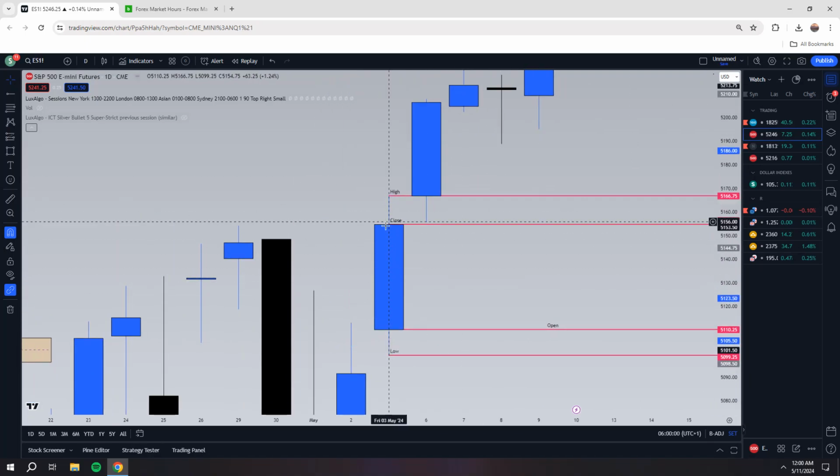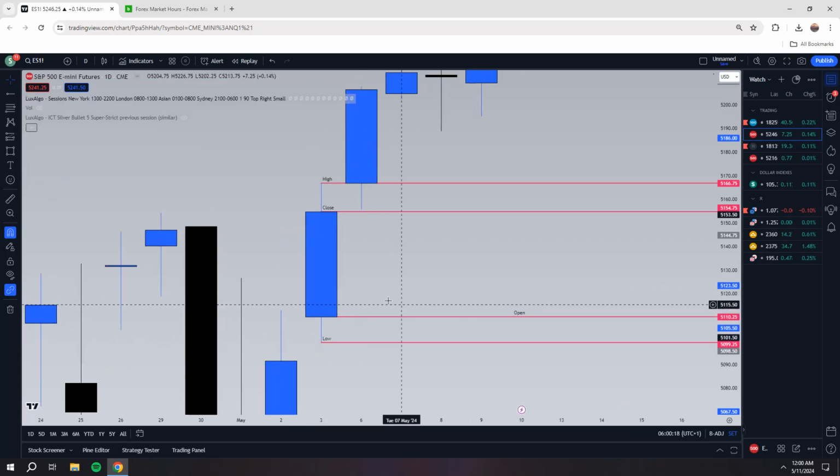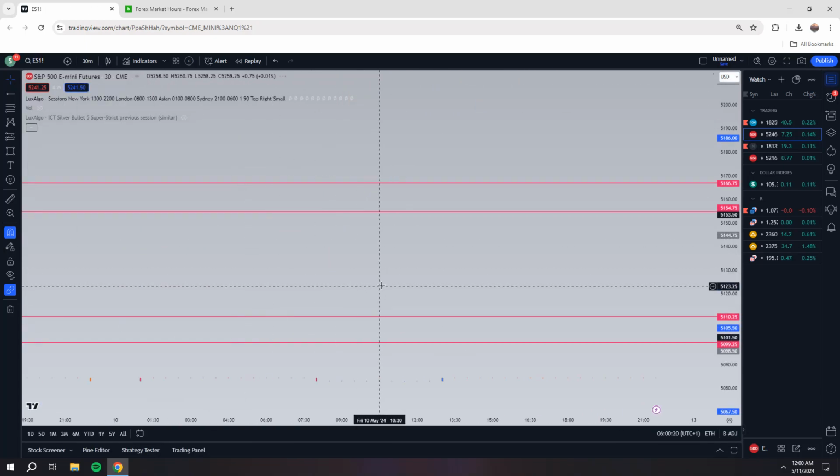You can see this is the top of the candle, top of the body, bottom of the body, low of the candle. The candlesticks, right? So high, low, open at the bottom of the body, and close at the top of the body. And so we will go down and I will show you what I mean.